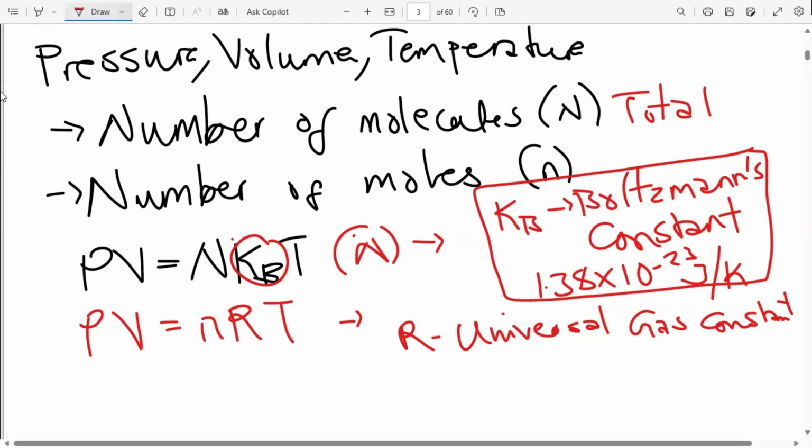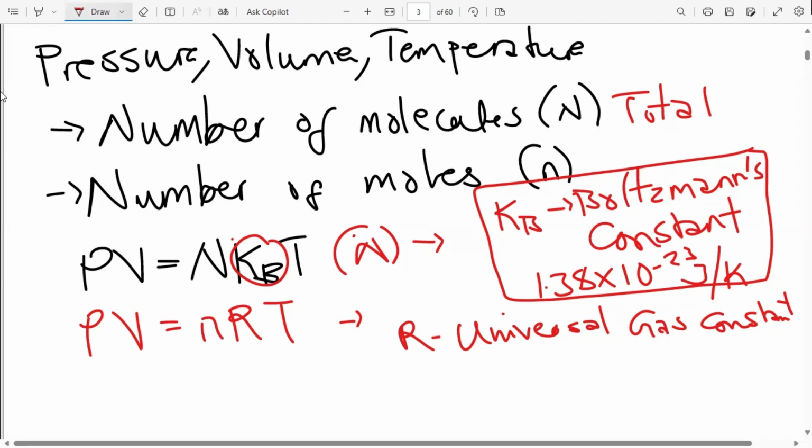Standard temperature and pressure should always be considered as 273 Kelvin, which is basically 0 degrees Celsius, and the standard pressure is 101300 pascals.